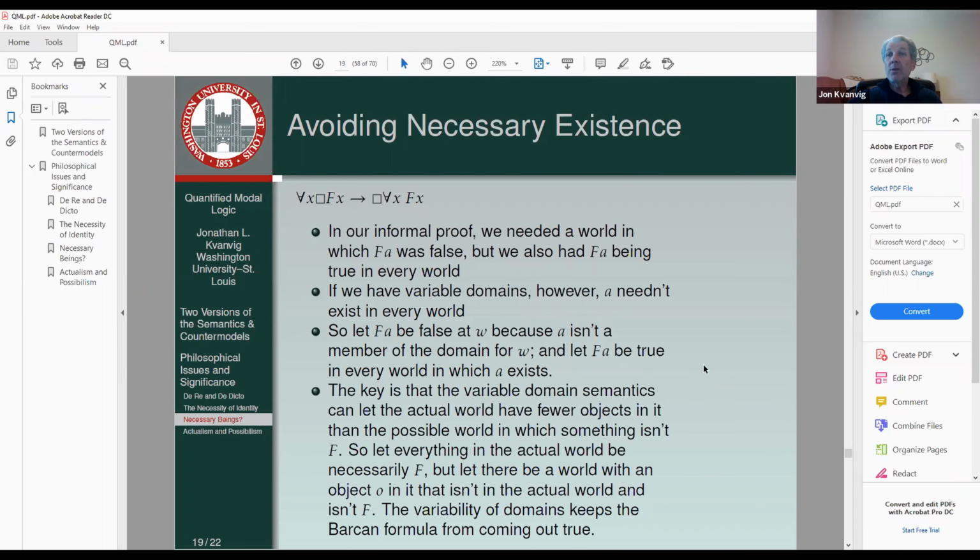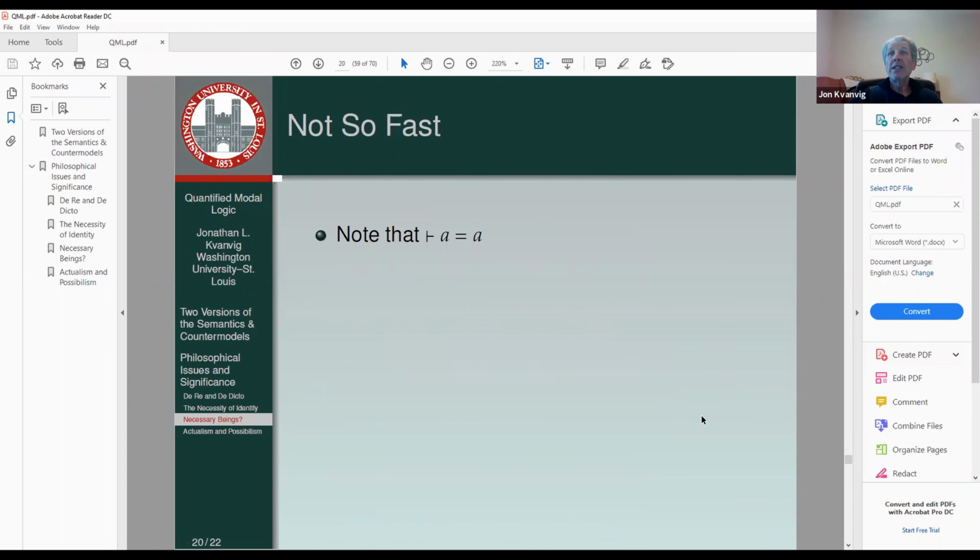By doing that, we can get the variable domain semantics to generate a counter model to this Barcan formula. All right, we already saw that when we went through variable domain semantics in the technical parts of quantified modal logic. So is that pretty cool?